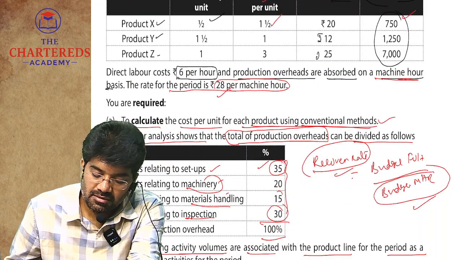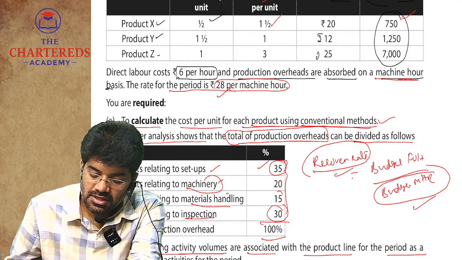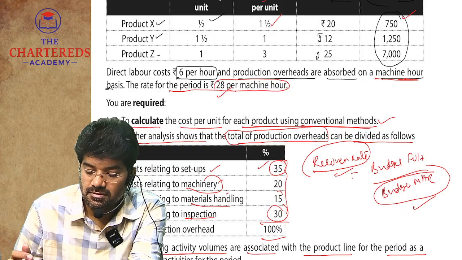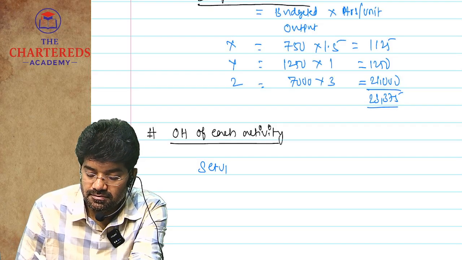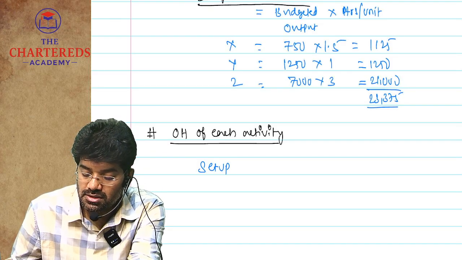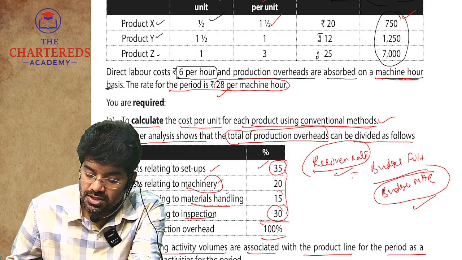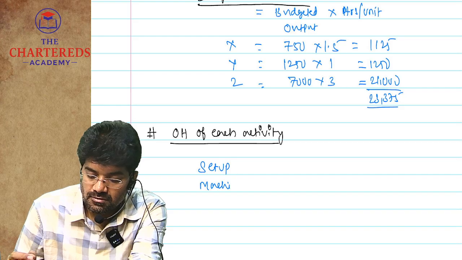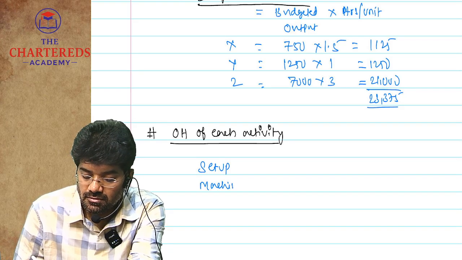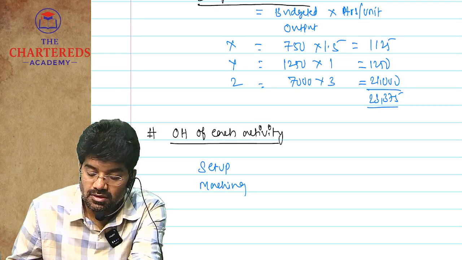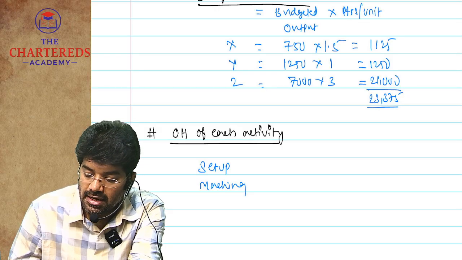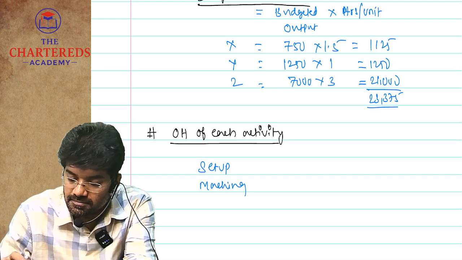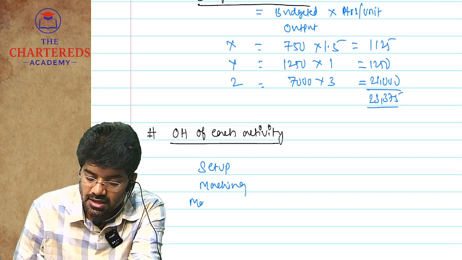Setup, machining, material handling, inspection. 35, 20, 15, 30. Setup, next one machining, third activity material handling, and inspection.